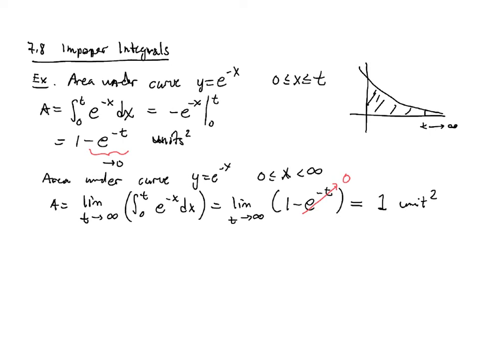In general, we have the following formulas for what we call improper integrals of type 1. So there are 3 different cases to consider. The first of these is an integral of the form integral from a to infinity of f of x dx.